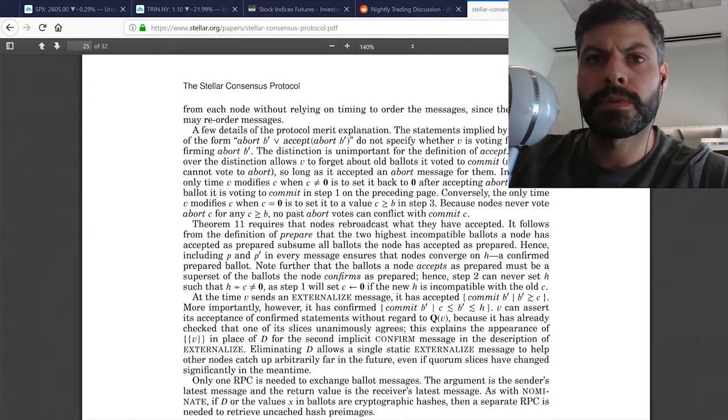This explains the appearance of the set V in place of D for the second implicit confirm message in the description of externalize. Eliminating D allows a single static externalize message to help other nodes catch up arbitrarily far in the future, even if quorum slices have changed significantly in the meantime.